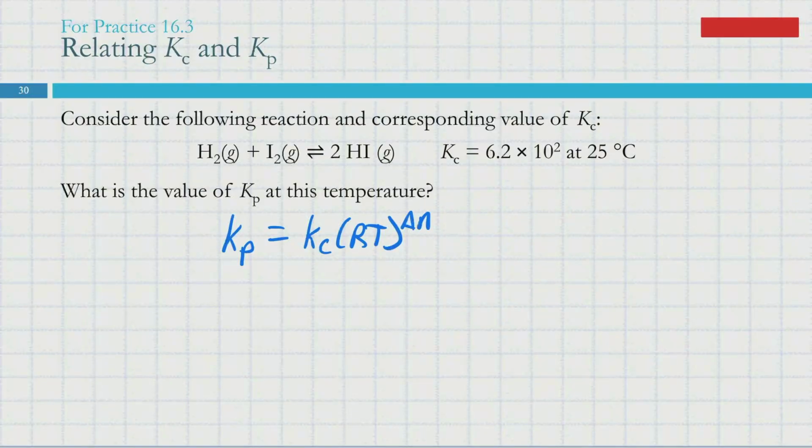What is delta N? Delta N is 2, that's the number of moles of gas on our product side, minus 1 and 1, which is also 2.